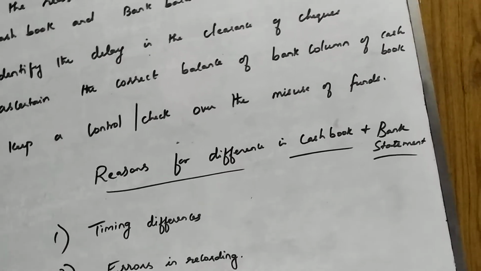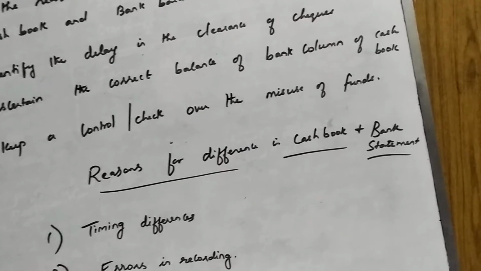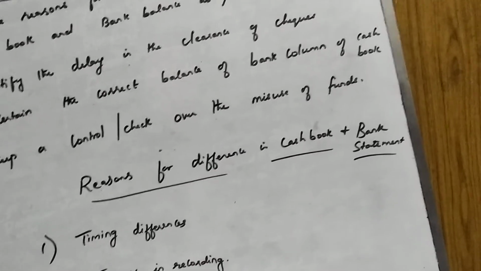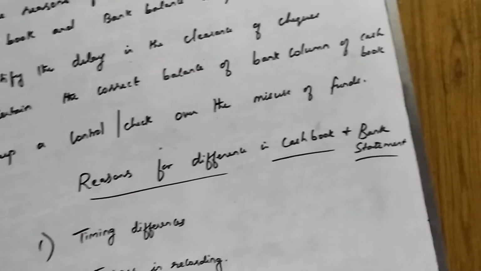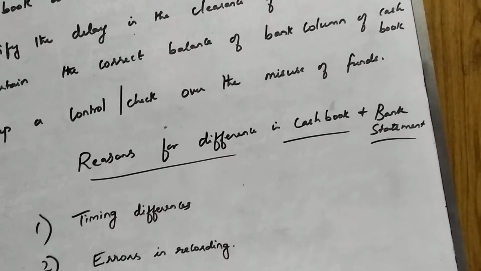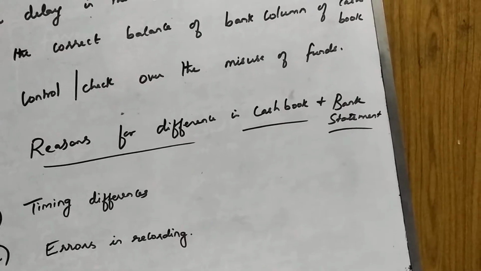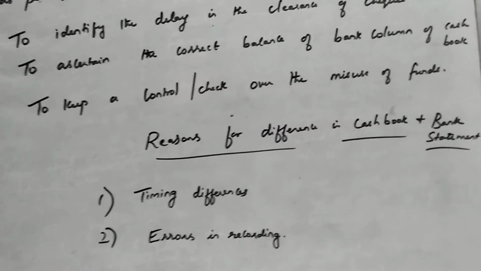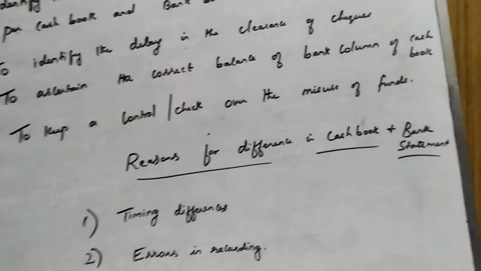Similarly, when you issue a check, if you don't have sufficient amount in your account, when the other person presents the check for payment, it will be dishonored. So this dishonor of check again has some timing difference. Then amount paid by parties directly into the bank. Some customers will ask, if you give your account number, I will directly transfer the amount from my account to yours.